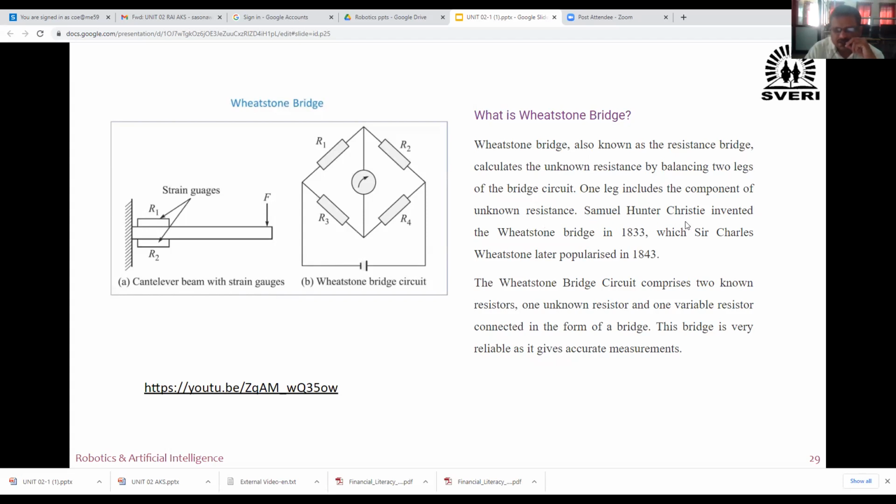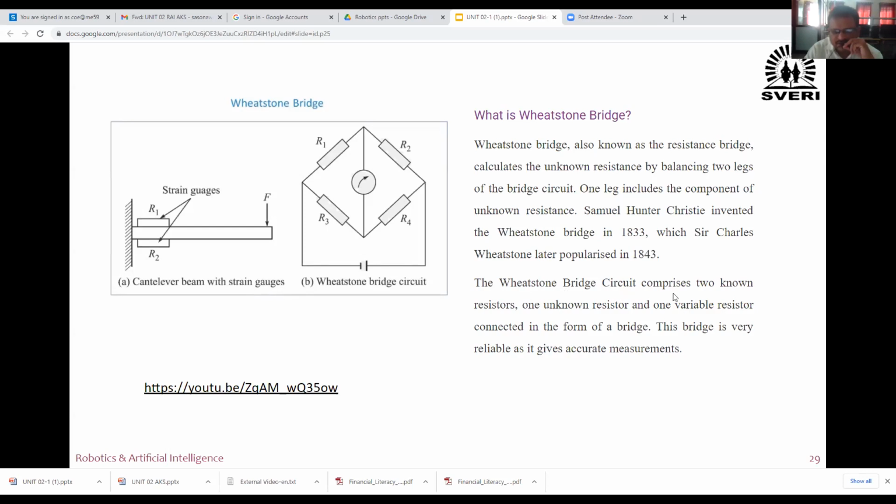Samuel Hunter Christie invented the Wheatstone Bridge in 1833, which Sir Charles Wheatstone later popularized in 1843. The Wheatstone Bridge circuit comprises two known resistors. These four resistors are there: R1, R2, R3, R4, and galvanometer is connected here. And here that voltage source is there, or EMF source or battery.